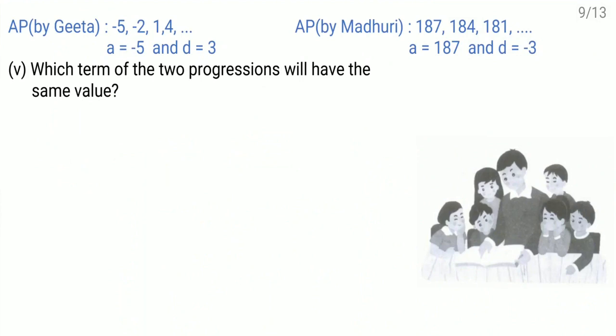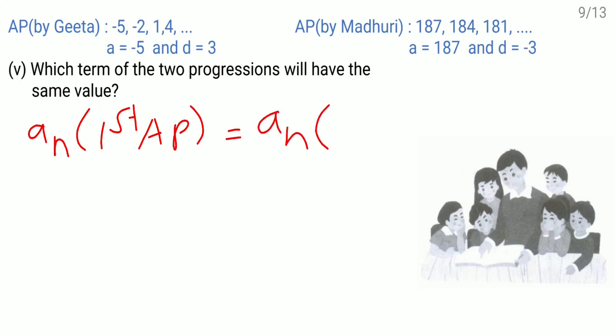Which term of the two progressions will have the same value? So I can say nth term of Geeta's progression and nth term of Madhuri's progression will have the same value. So I'll write down nth term from first AP, which is equal to nth term of second AP. Okay?